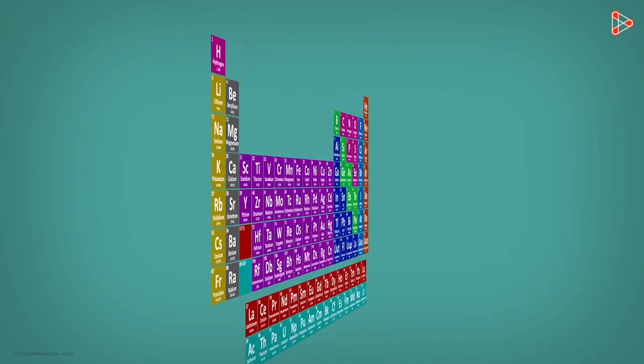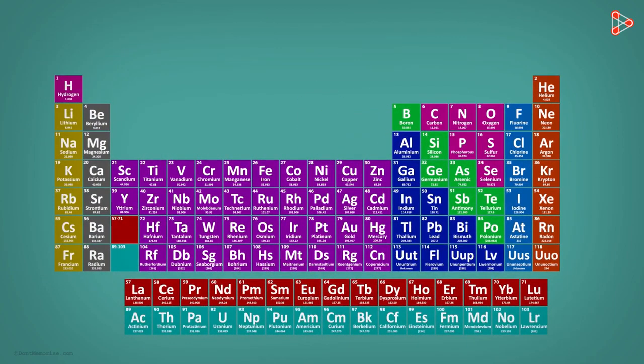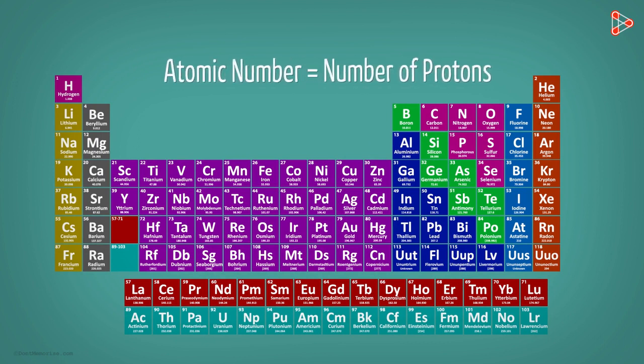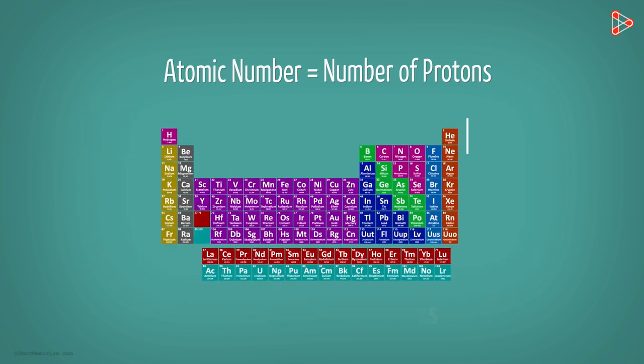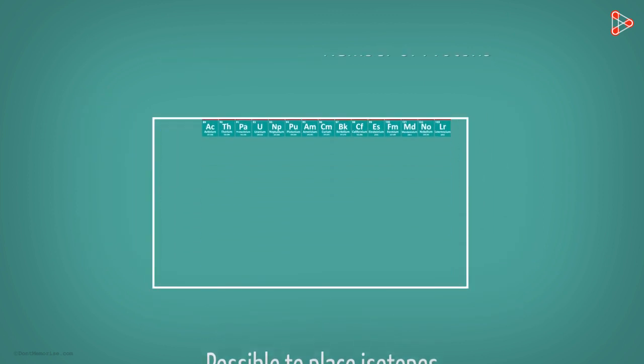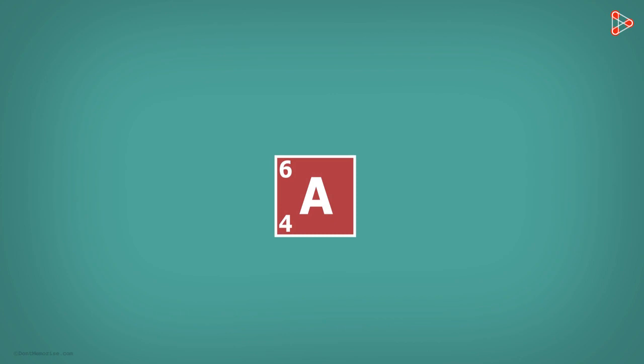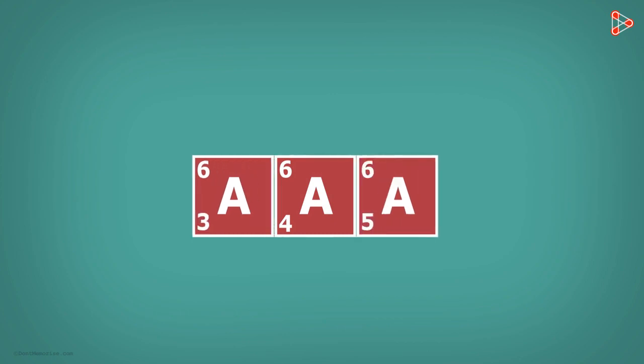But as we know, in the modern periodic table, the position of elements was no longer based on atomic masses. They were based on atomic numbers. An atomic number is given by the number of protons. That means the different number of neutrons will not be a worry for us. So it was possible to place the isotopes now. Because all the isotopes of any particular element could be placed at one single place. And this place would be the position of that element in the table.